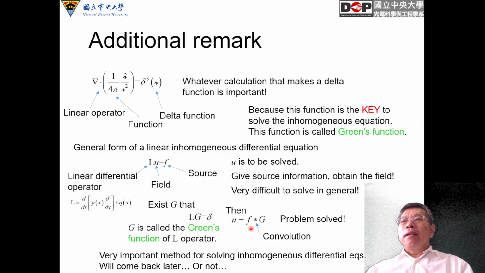So I solve the difficult thing, the field distribution, in this way. This is called the Green's function method to solve an inhomogeneous differential equation. Inhomogeneous means the source is not zero. Then it is difficult to solve for the field.